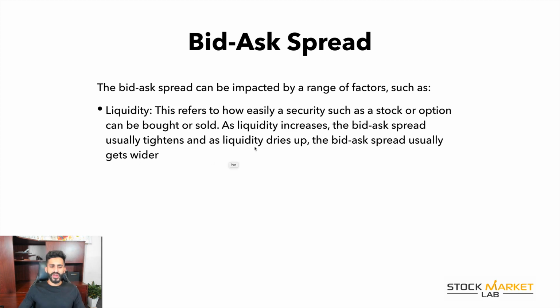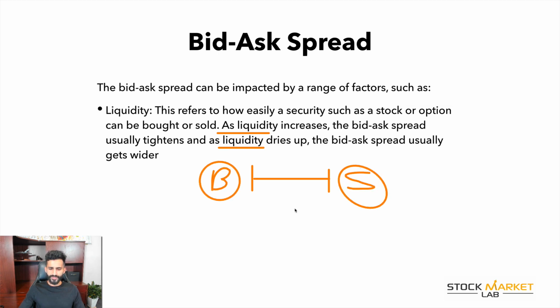So if you're trading a stock that has a lot of liquidity, the bid and ask spread will most likely be very, very tight because there's a lot of potential buyers and there's a lot of potential sellers. Now, when there's not a lot of potential buyers, when there's not a lot of potential sellers, the bid and ask spread is probably going to get wider and wider and wider.